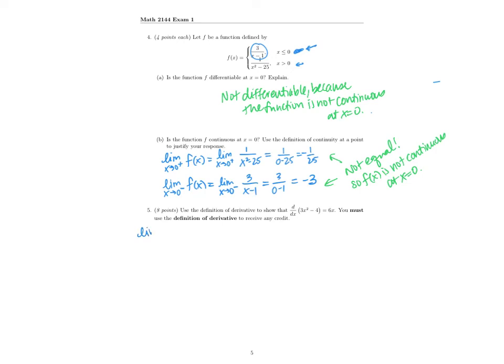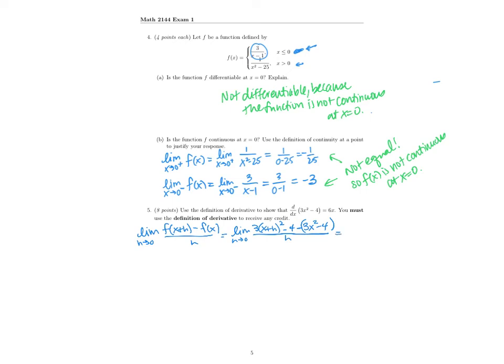So I'm going to use the limit as h goes to 0 of f of x plus h minus f of x over h. So that's the limit as h goes to 0 of, I'm going to take x plus h and plug it into my function. So 3 times (x plus h) squared minus 4, minus (3x squared minus 4). You've got to remember that we're subtracting that whole thing, so the parentheses goes around that, all over h.